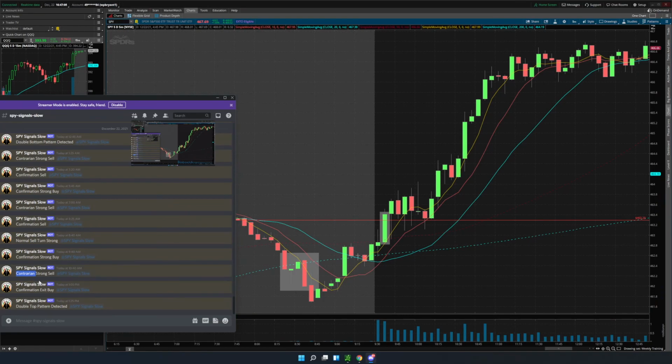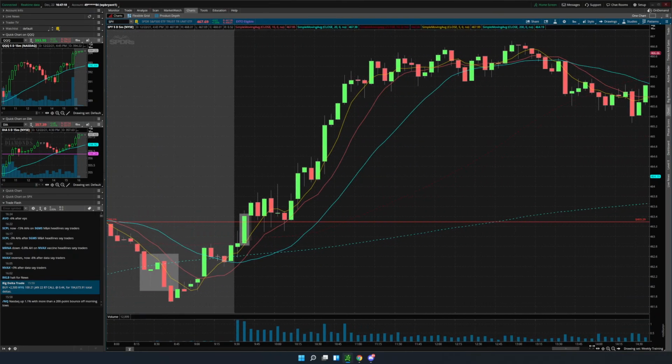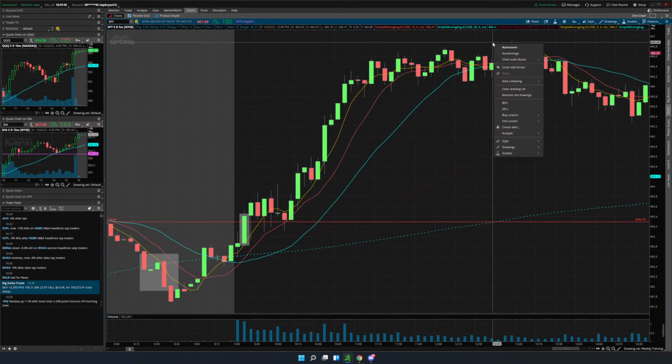Ignore the contrarian signals for now because you don't want to go against the trend. But here you got a confirmation exit at 1:05. So the slow signal, yeah, it didn't give you very many signals today, but you got the entry, and then at 1:05, which is right here on that candle, pretty much the top right there, right? So it gave you a heck of a move off the confirmation of strong buy to the top of the day, and that was a good $3.30 move.